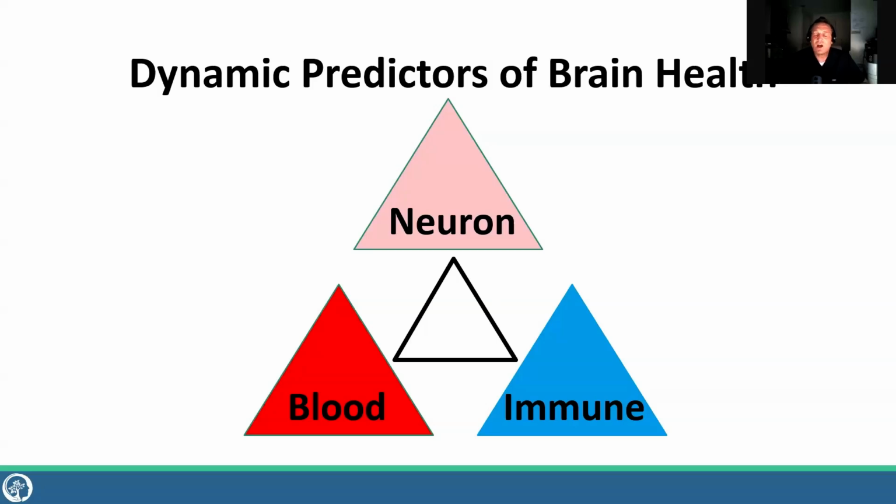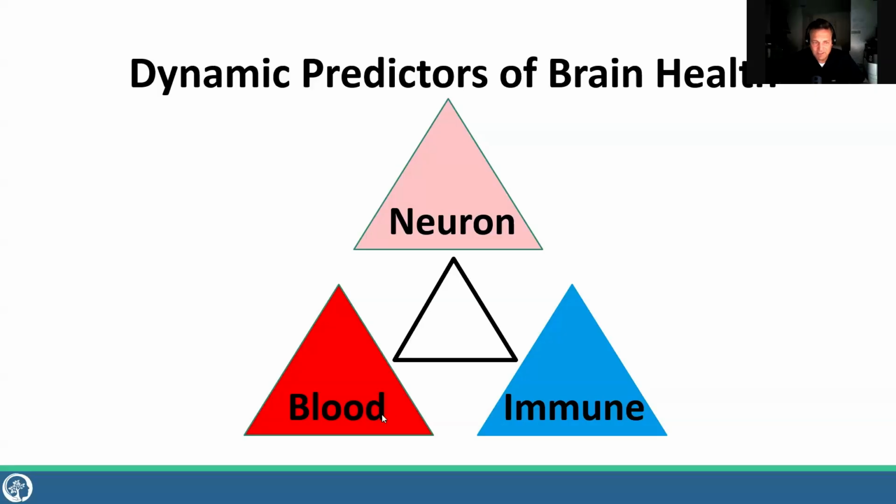Your blood flow delivers oxygen from your breathing, your dynamics. Blood flow also brings in hormones. So it brings estrogen, progesterone, testosterone, DHEA, pregnenolone, cortisol, epinephrine, norepinephrine, all of these hormones in the body that influence brain health. These are dynamic predictors.